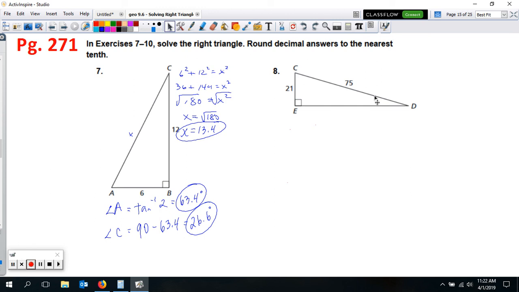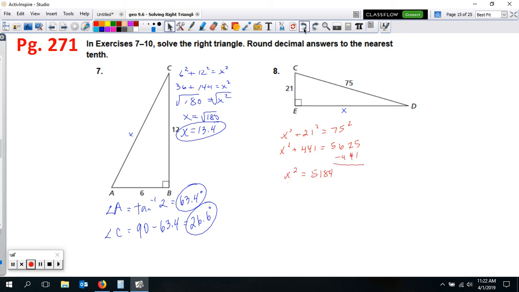Okay, so hopefully you did try number 8. To find out this ED side, I'm going to put a little x there. You can say x squared plus 21 squared is equal to 75 squared. Then 21 squared is 441, and 75 squared is 5,625. Got to subtract 441 from both sides.